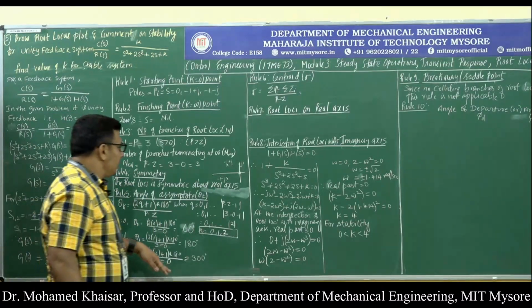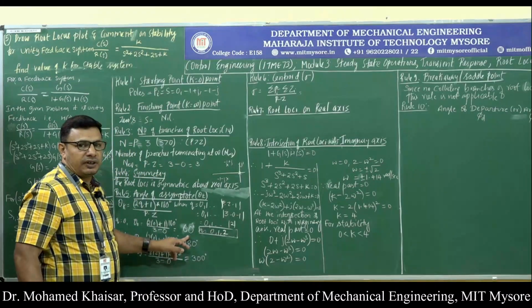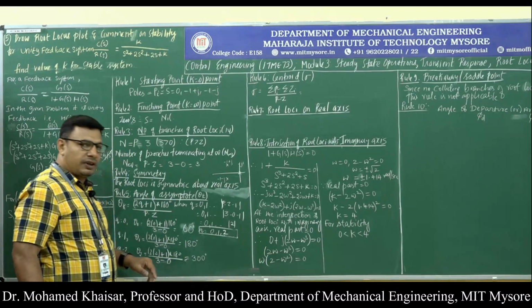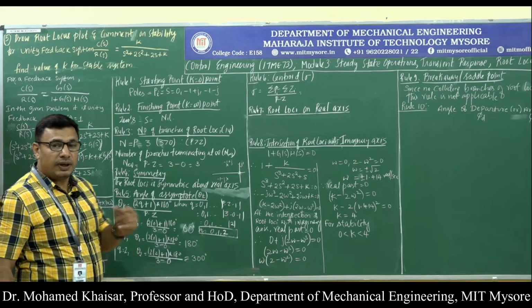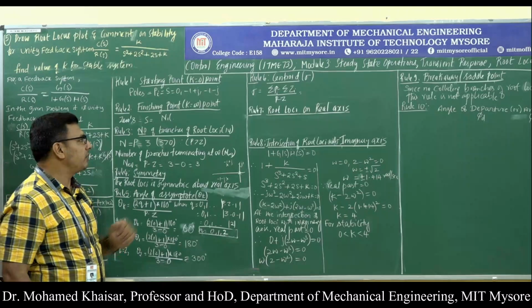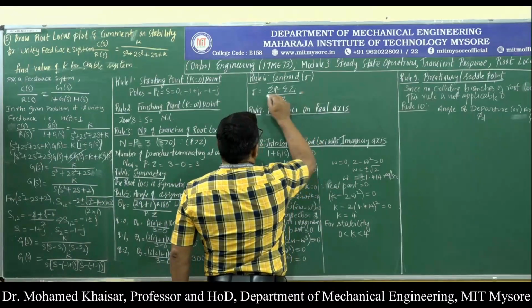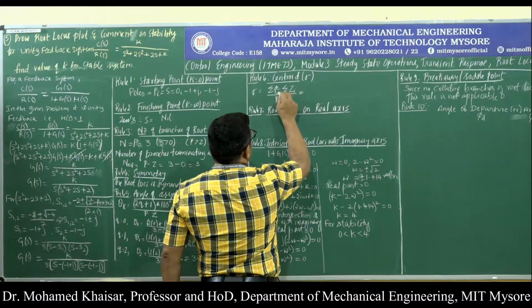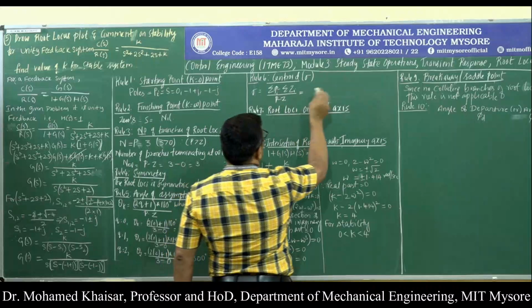Okay. Then when they are moving in 3 directions, 3 asymptotic straight lines at 60 degree, 180 degree and 300 degree, where do they emerge from on the real axis? That is what is given by the centroid. So centroid sigma is given by summation of pi minus summation of zi divided by p minus z.